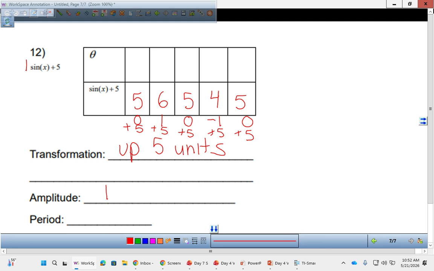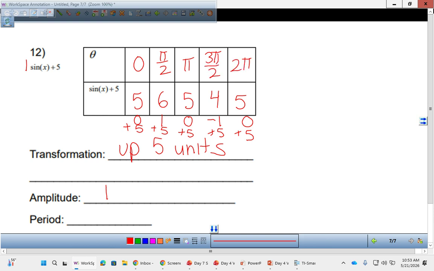All right. Now, in terms of my x values, there's no horizontal change here. I would need a slope, so a number in front of the parentheses or something inside with the x to move the x's around. And I don't have either of those here, which means I'm just going to keep the original sine x values: 0, pi over 2, pi, 3 pi over 2, 2 pi.